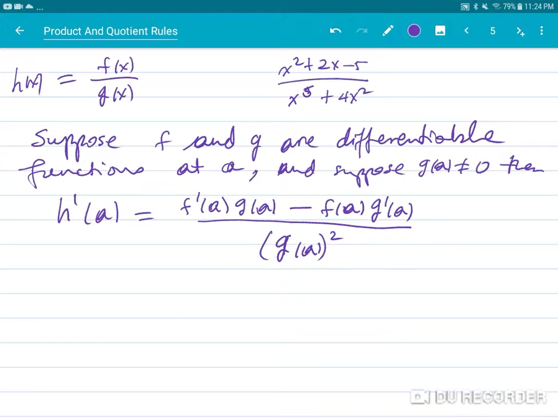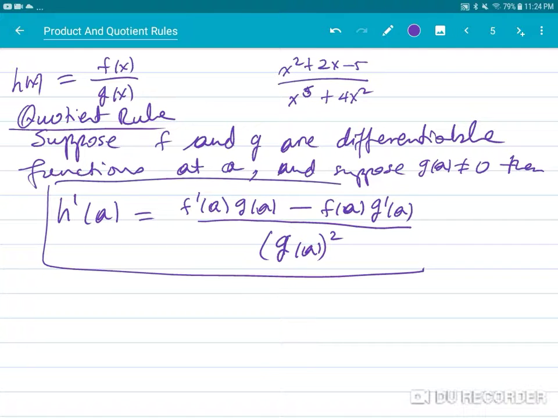Okay, that's what the quotient rule says. And the proof is not really too complicated, but we will focus on examples in this case.